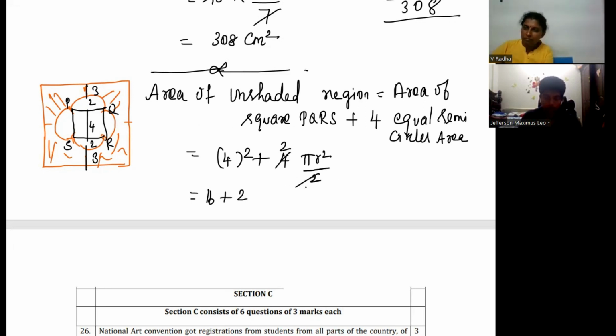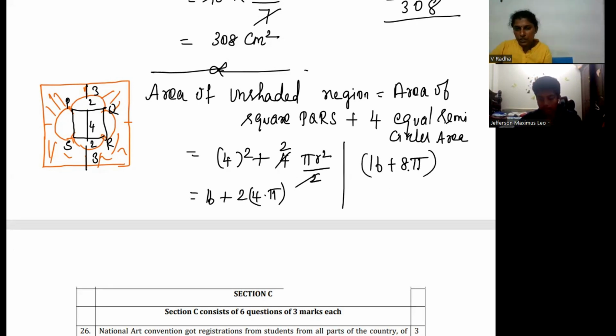So 44 by 7. 4 times 5. That is 16 plus 8 pi, correct? Did you get it? I calculated pi and worked it out.